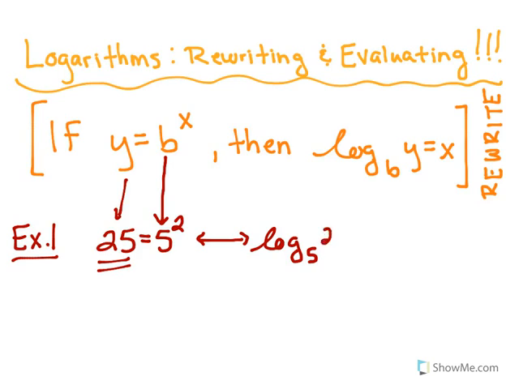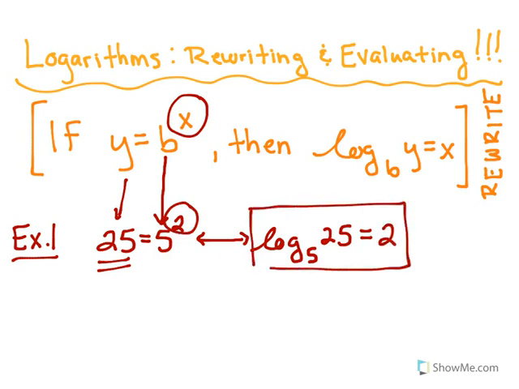So then I'm going to write the 25 up here like that. And then that's going to be equal to whatever the exponent is right here, which in my problem would be 2. And that would be the answer of just simply rewriting this. That's all I have to do.